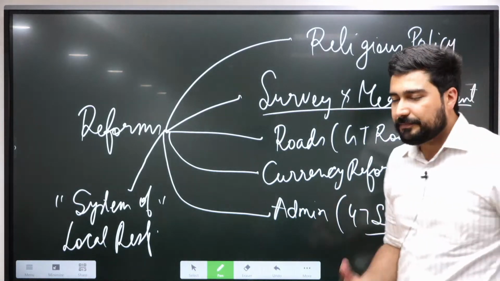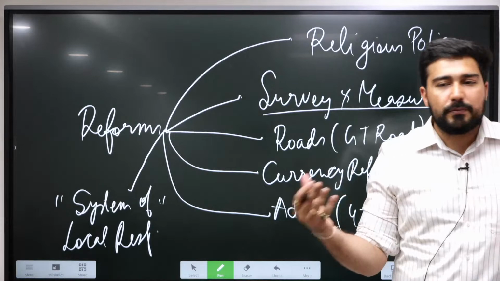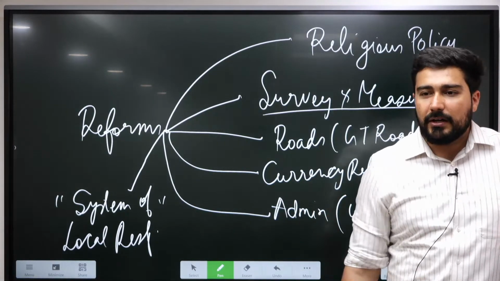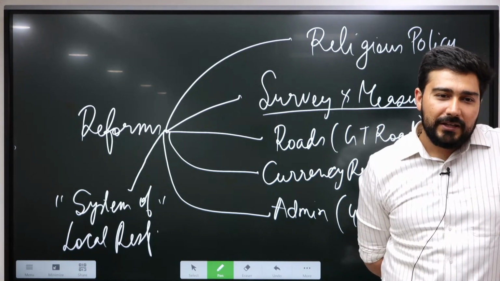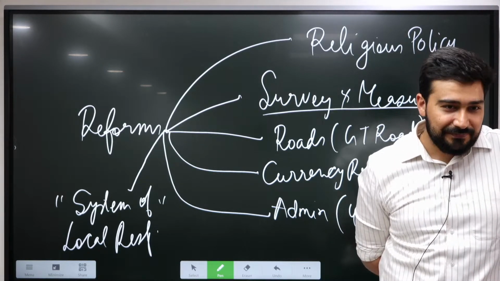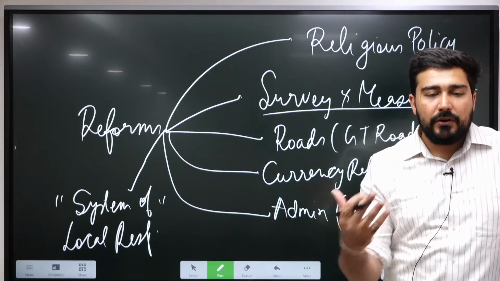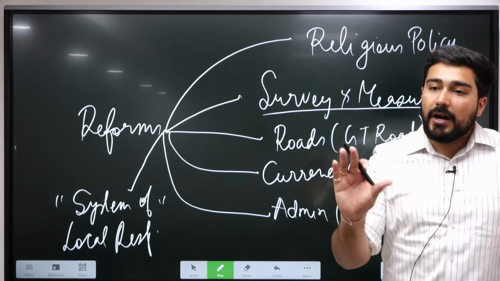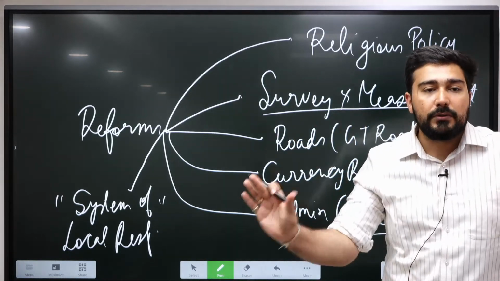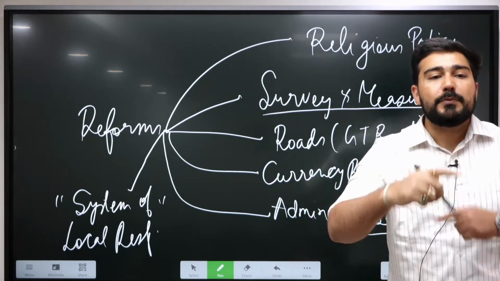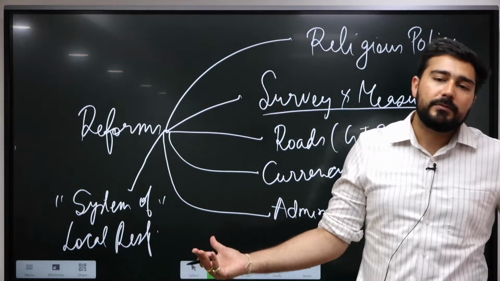If somebody has done something against the mafia, he is going to give responsibility to his aide: go and finish that person, and if they are not able to do so, that aide himself is killed. The same kind of system was established by Shershah Suri. If you are a village headman and some crime takes place in your area, and you are not able to catch the person responsible, then punishment was given to the headman. This was the system of local responsibility.